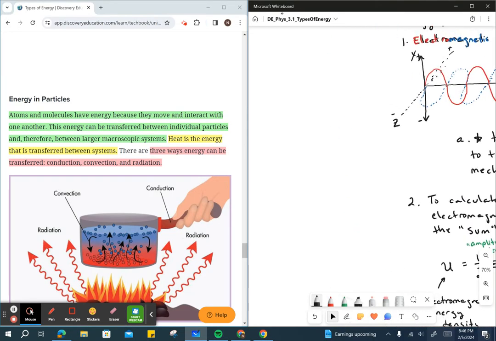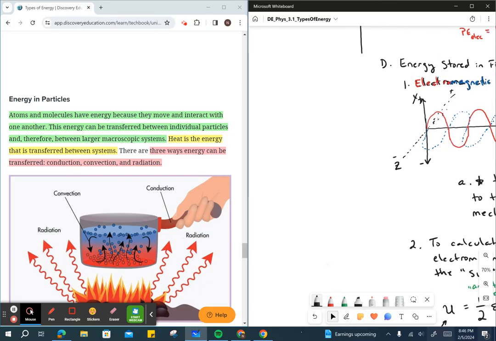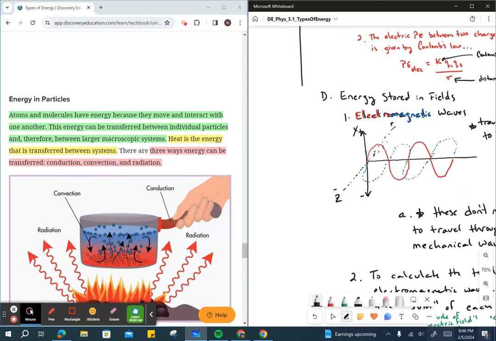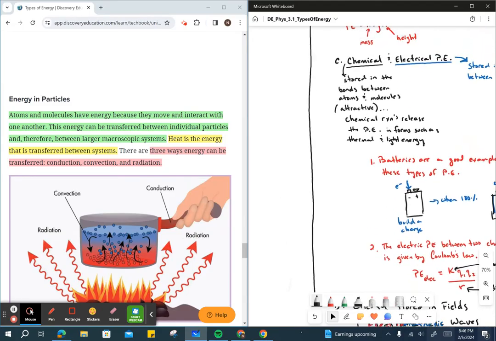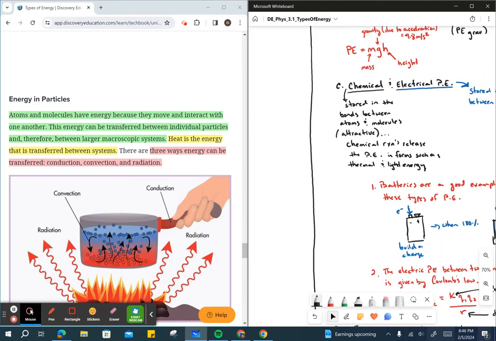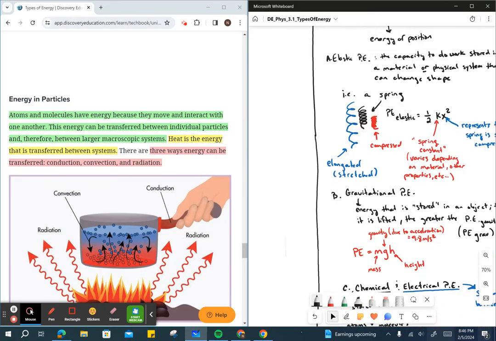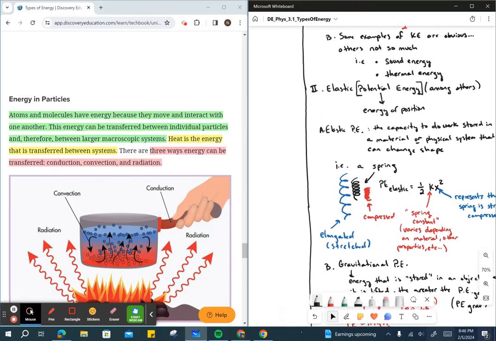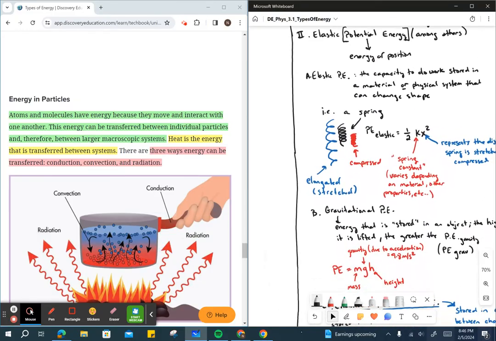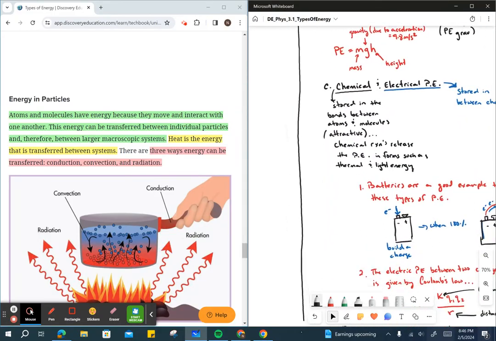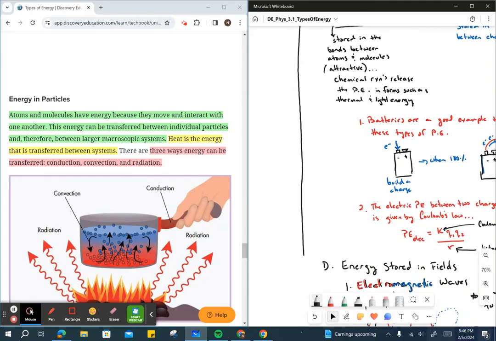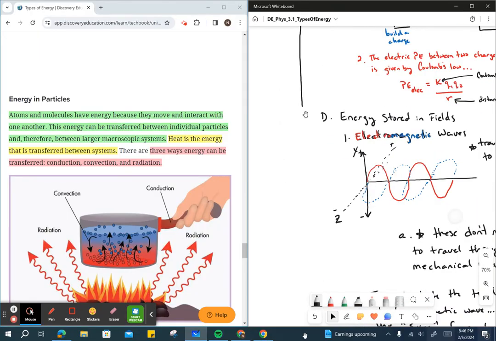What do we want to say here? This was D, ABC. This was elastic energy. Let's make this Roman numeral 3, okay? And we're going to just drop this down.